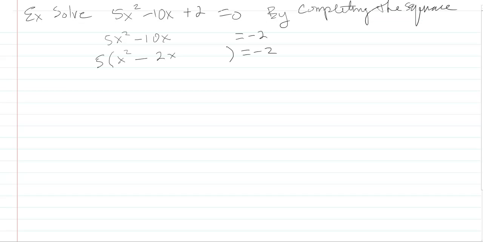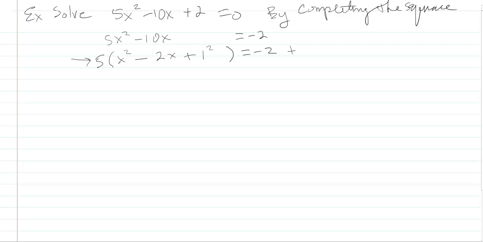Now, the reason I did this is because I really didn't want to bring fractions in right away into this method, so I got the 5 out here. Now, we'll keep track of this 5. What's half of 2? It's 1. Then you square it and add it. There it is. Square it and add it.